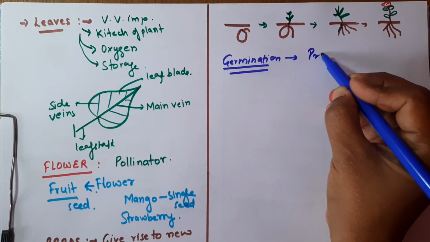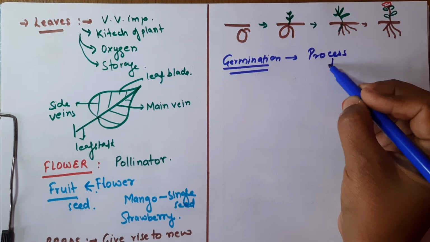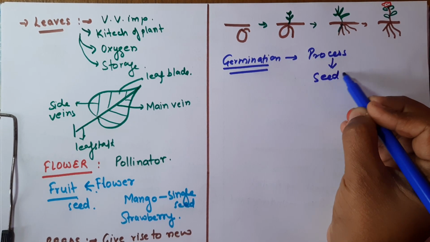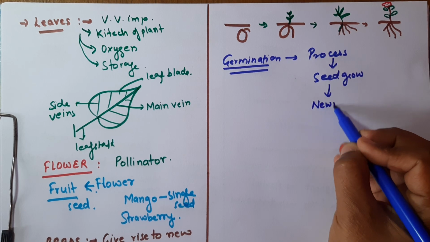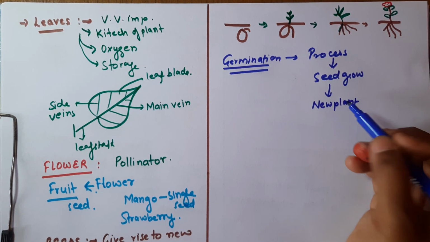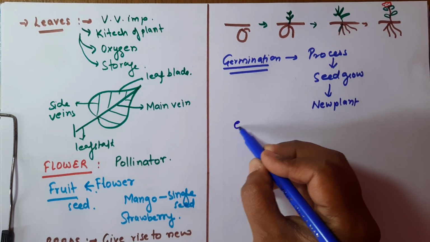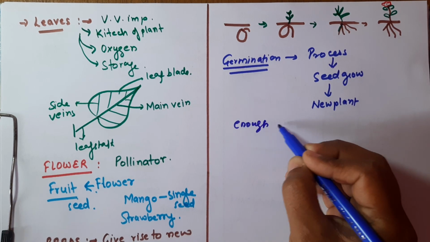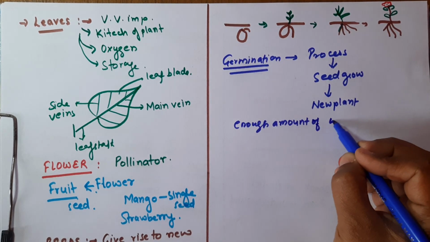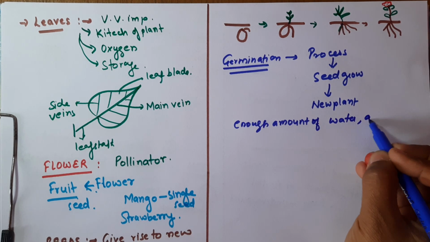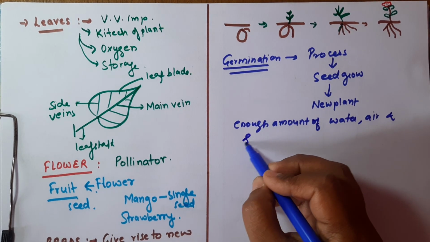It's a process in which a seed will grow into a new plant. But when will it grow? When it will get enough amount of water, air and sunlight.